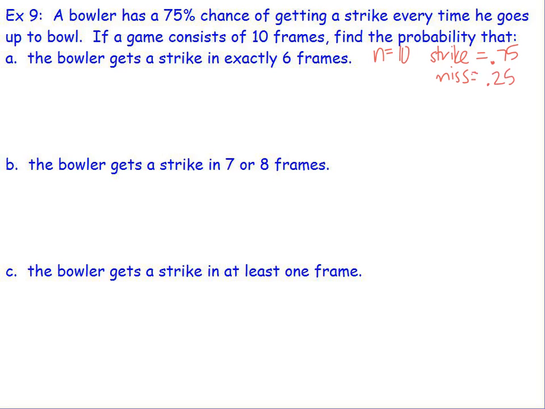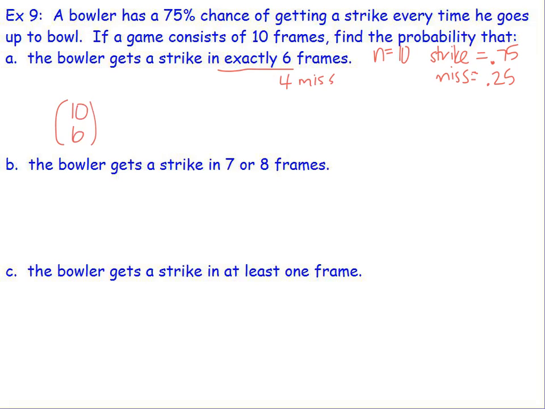So let's look at the first problem. This is a straightforward one. The bowler gets a strike in exactly 6 frames. Anytime you hear the word exactly, it's one case, that number. So 6 frames he gets a strike, which means 4 frames he misses. So let's set it up. How many frames total? 10. How many strikes? 6.